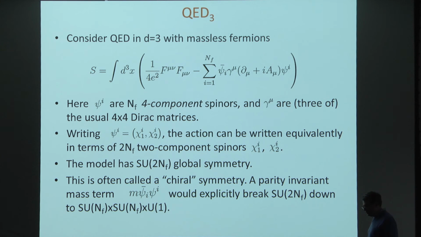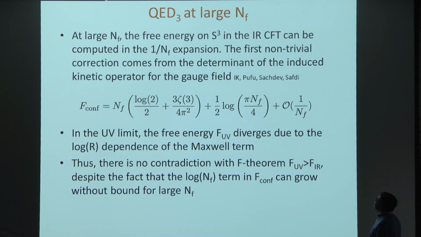I think there is some lore that is now being challenged by a new round of lattice experiments. Before I plunge into this, let me also exhibit the computation of this sphere free energy in the large N_F expansion. The leading N_F term is just from free fermions, but now there is a log correction.